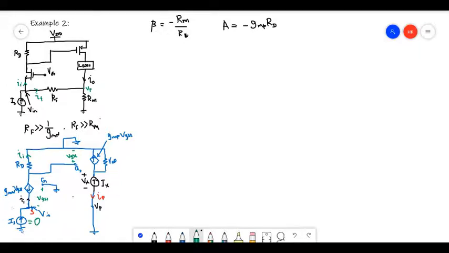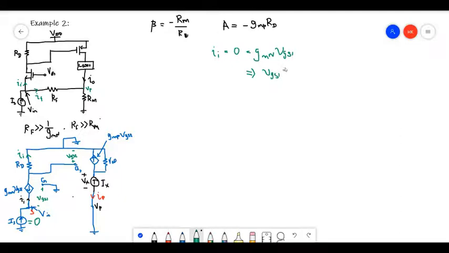Since the source current is 0, there is no current going in. So GMN times I is 0, so it is equal to this GMN VGS1. Since GMN is some positive value, VGS1 is 0.